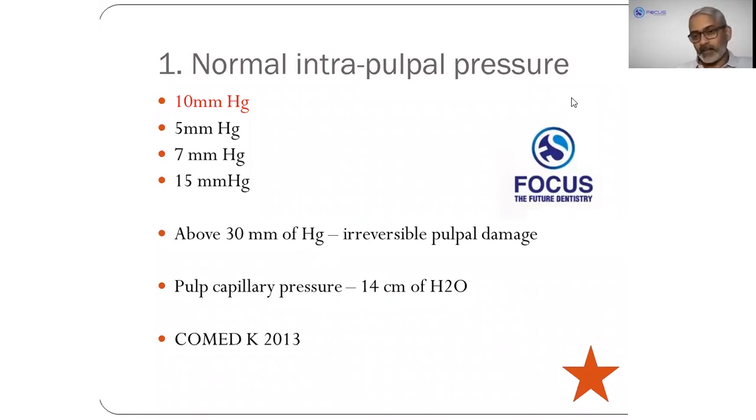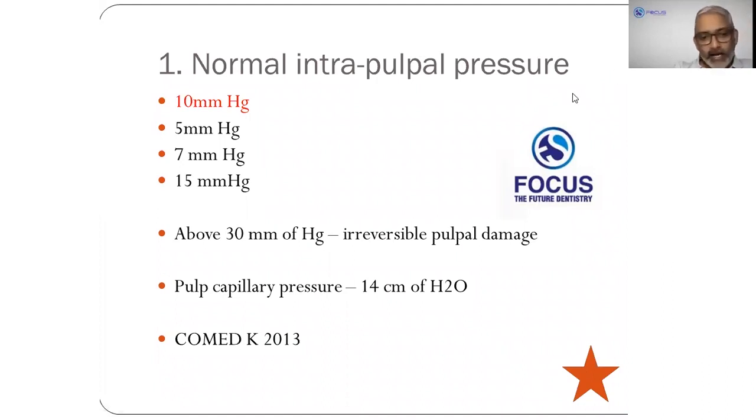Why does that thick, dark red colored inflamed pulp give out blood like that, oozing out of your chamber? That is because of the increased intrapulpal pressure of an inflamed pulp. And if this intrapulpal pressure goes above 30 millimeters of mercury, then you have an irreversible pulpal damage. You cannot save the pulp using vital pulp therapies. You might have to go for a pulpectomy.